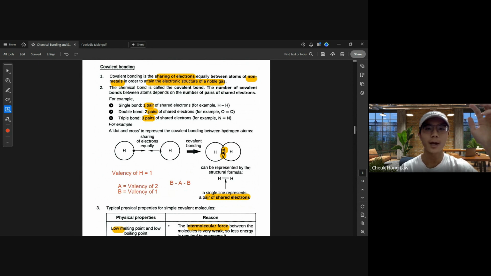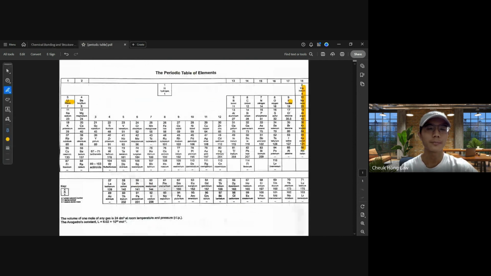In order for an ion to form, the atom has to either lose electrons or gain electrons. For example, take a metal, let's say sodium. In order for sodium to form a sodium ion, it has to lose one electron. Then chlorine: in order to form a chloride ion, it has to gain one electron.